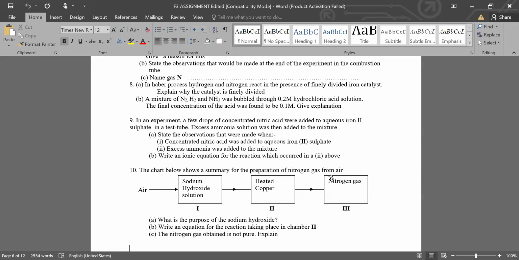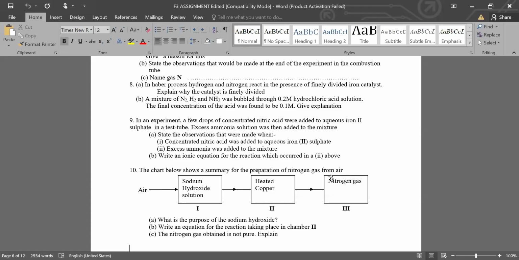Cu plus O2, then you put an arrow, then the product is CuO. Is it balanced? No. Balancing it by putting a 2 in front of copper and a 2 in front of copper 2 oxide. Copper is a solid, oxygen is a gas, copper 2 oxide is a solid.